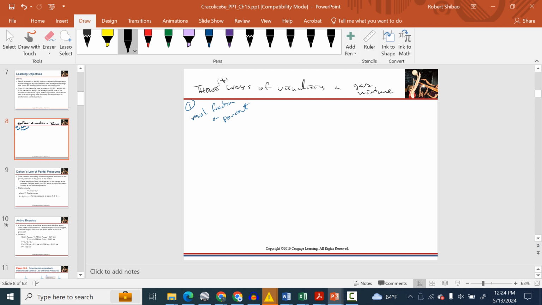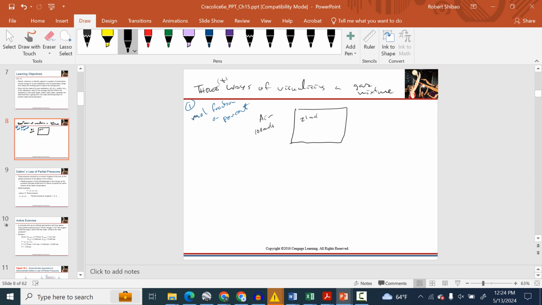So let's look at air. I'm going to look at 100 moles of air. And air is going to consist of about 21 moles of O2 and about, let's say, 79 moles of N2. So it's about 80% nitrogen and 20% oxygen.